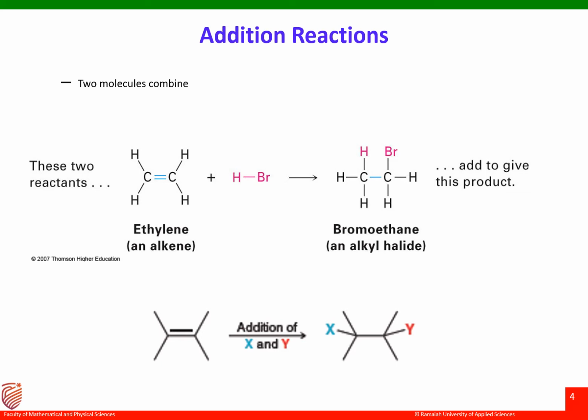In our case, the alkene itself is nucleophilic in nature, and any electrophile present in the reagent will be added across the double bond, leading to the formation of new sigma bonds. With the consumption of one pi bond, two new sigma bonds are generally formed in case of an alkene.